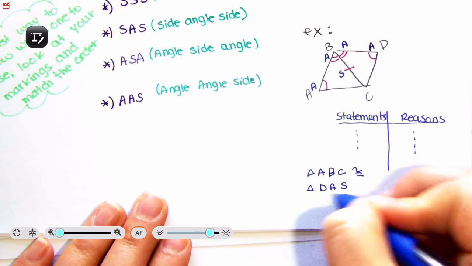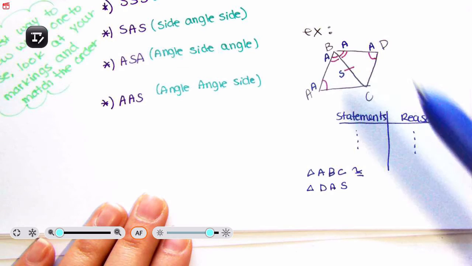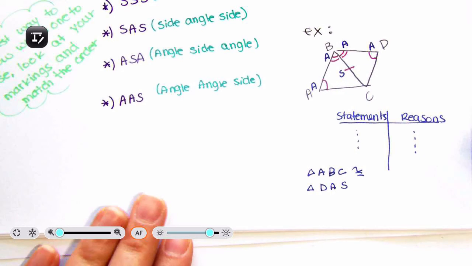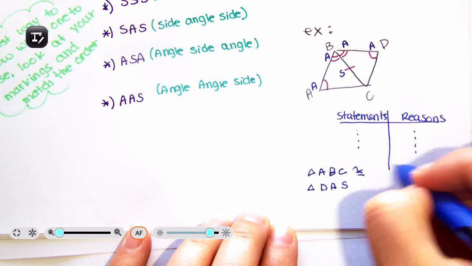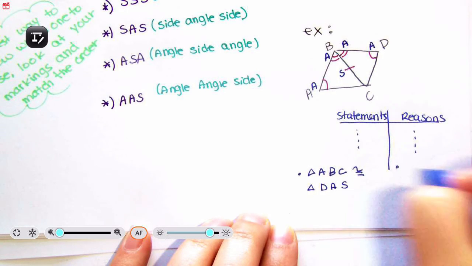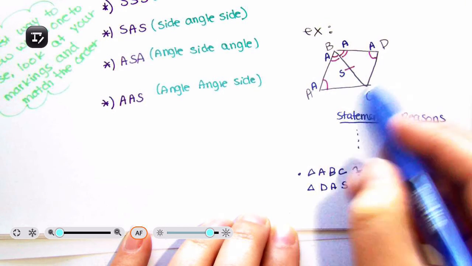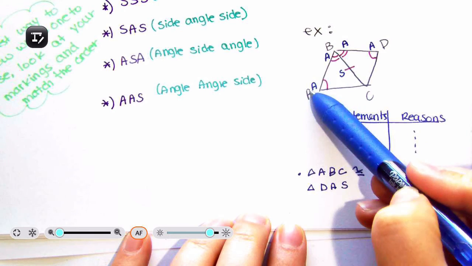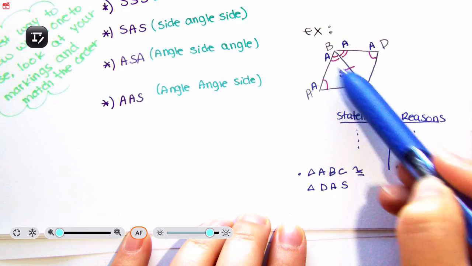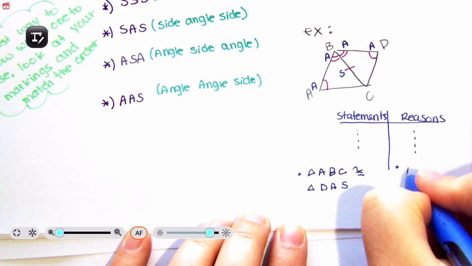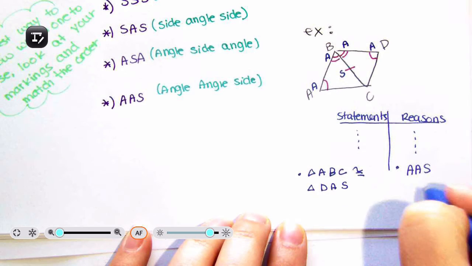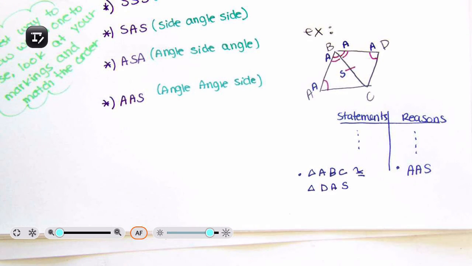Where did we get this information? Look at step number 5. It's going to be in the proof section. And then how do we know? Whatever this number is, we know this because of angle, angle, side. And that's it. The end of your proof.